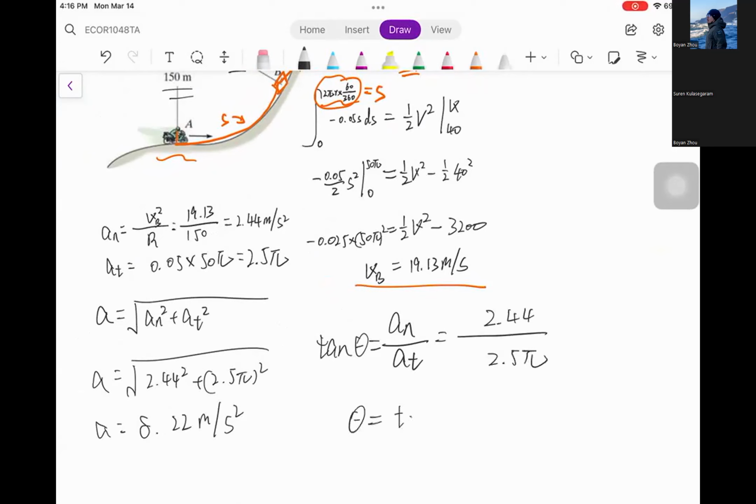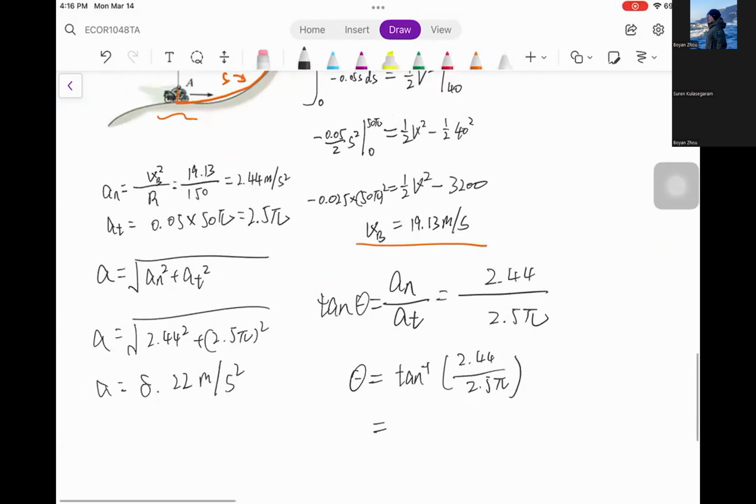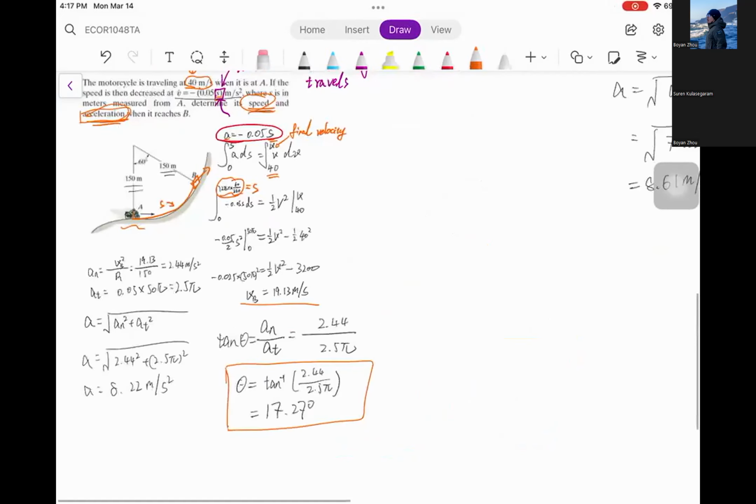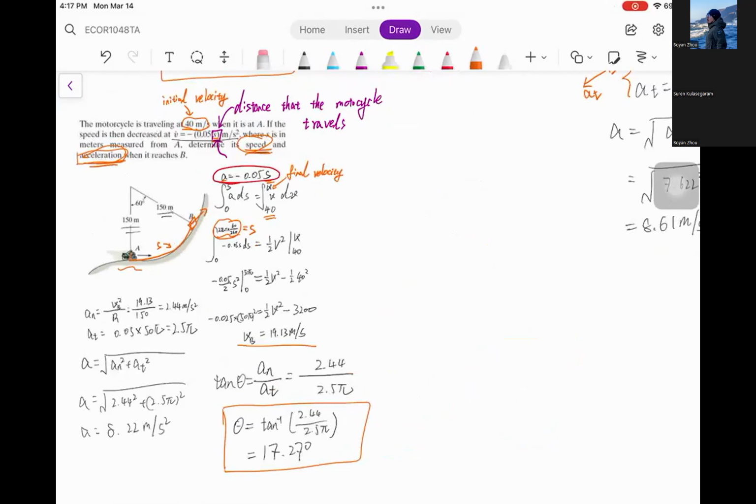And then just use a calculator to do the math. So here's the angle or the direction. And that is gonna be the final answer, the full solution for our last question.